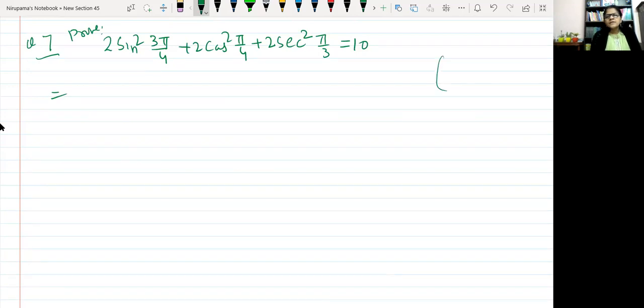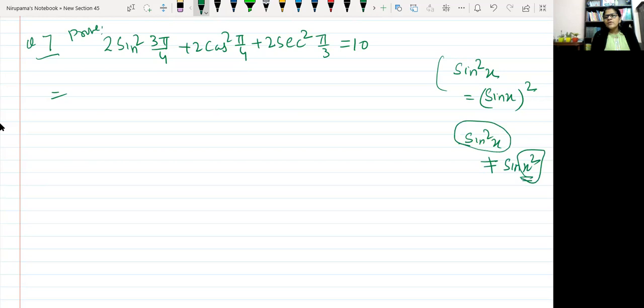First of all, whenever you write sin^2 x, this is equal to the whole square of sin x. It's not sin x square, right? Please remember, sin^2 x is different from sin x^2, because whenever you write sin x square, this is the angle. So it is basically the square of the sine function.